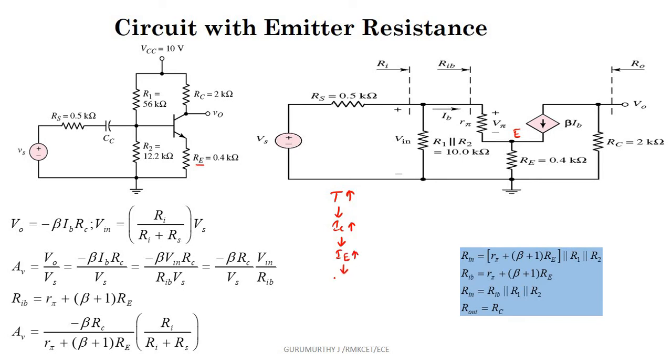If my emitter current increases, the voltage across Re increases. If the voltage across Re increases, my VBE is going to decrease. If my VBE decreases, my IB decreases. If my IB decreases, my IC will decrease. So this introduction of Re is going to bring negative feedback.